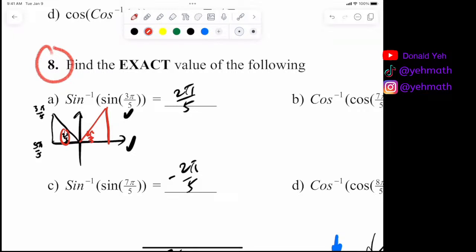I see this opening because from 5 pi over 5 to go back to 3 pi over 5, it's 2 pi over 5, right? So the opening is 2 pi over 5. You just go to the first quadrant to have the same opening, and that gives you the same triangle as the other side.